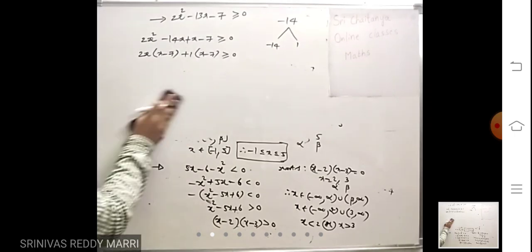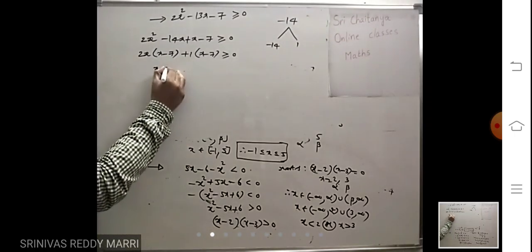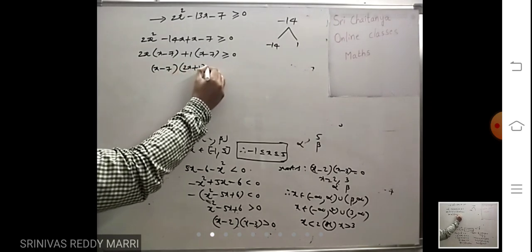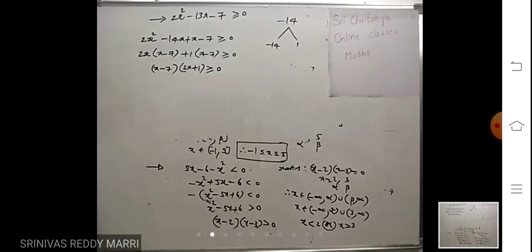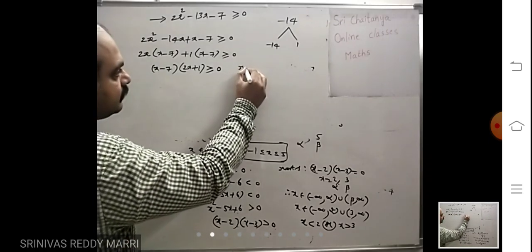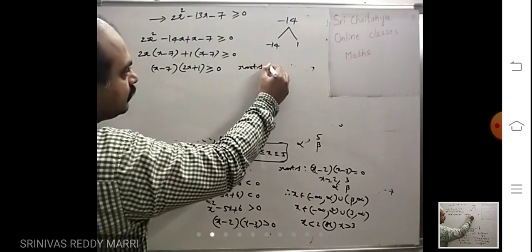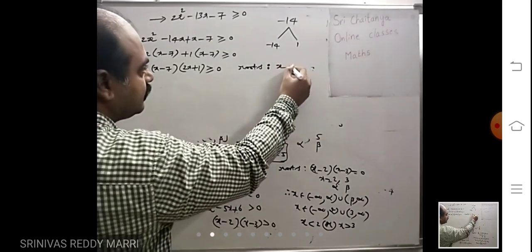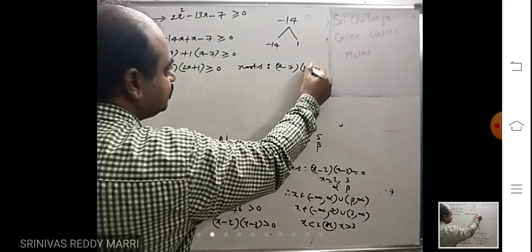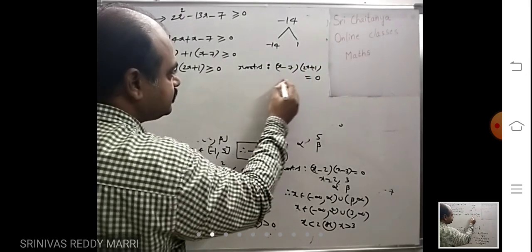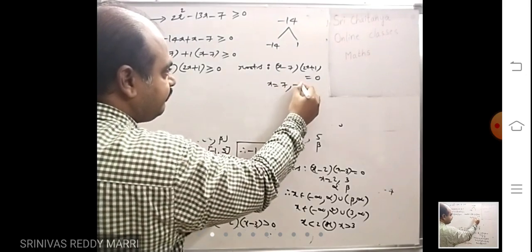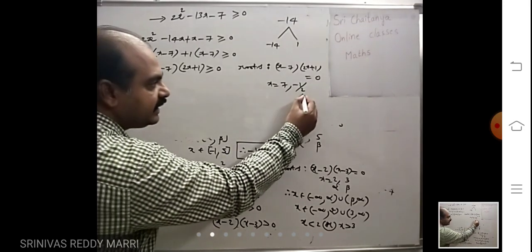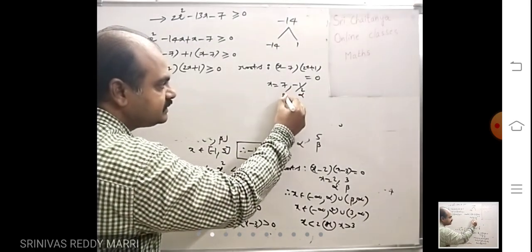Right? So now x minus 7 take common. This you will get roots. So roots are, if you equate this to 0, what are the roots you will get? You will get 7 comma minus 1 by 2. Therefore, this is alpha, this is beta.